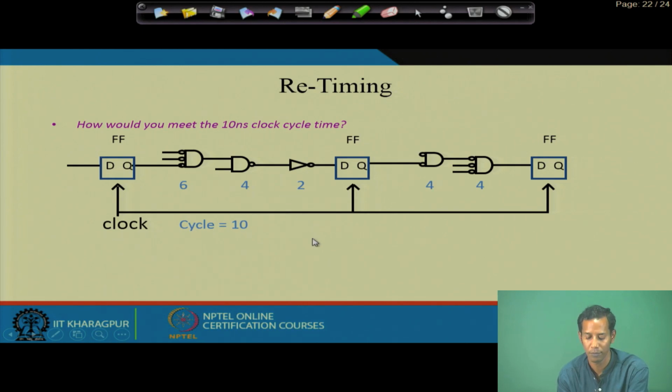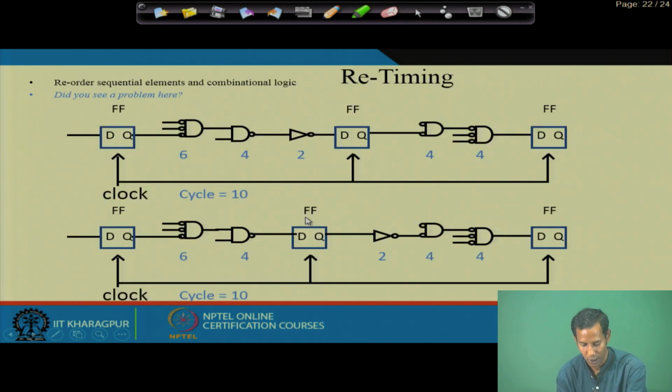So, how can you make it work? You can just shift this inverter to the other side of the flip flop. At that time this path will become 6 plus 4, 10, and 2 plus 4 plus 4 is 10. Do you see any problem here?